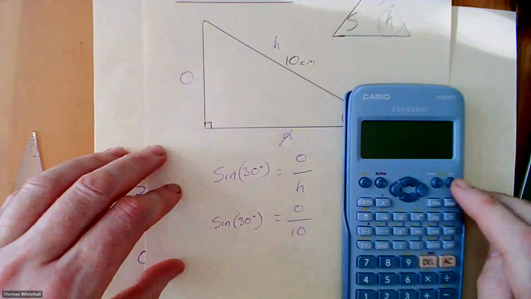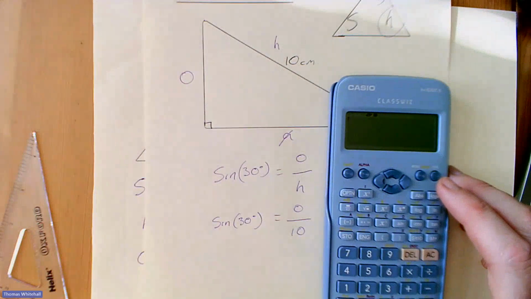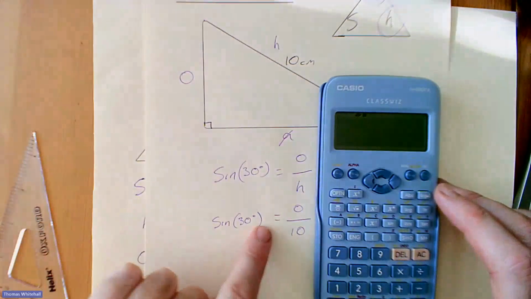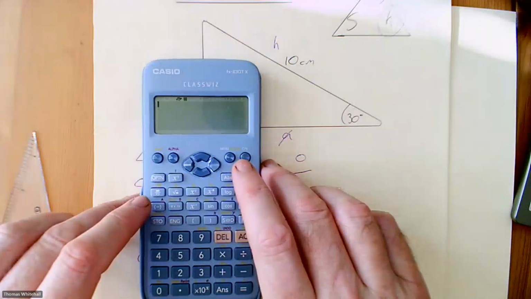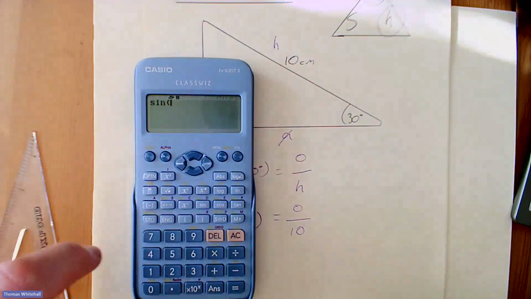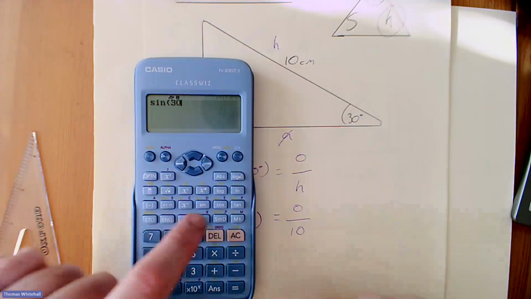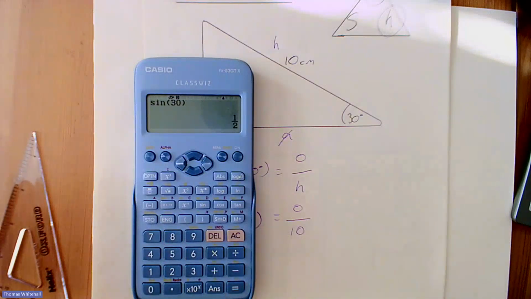Okay. Now, in this case, we can actually compare the values because we've got an equal sign in there. We know exactly what's going to come up. So on the calculator, and we can see the screen now, I'm going to press sine, then I press 30, I close the brackets. When I press equals, it gives me 1/2.